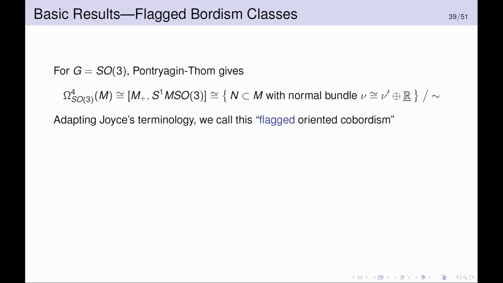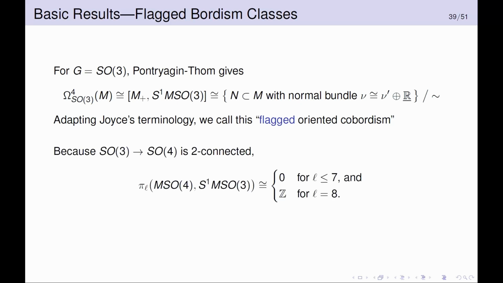So for SO3, the geometric description was we have a non-vanishing line field in the normal bundle, and for orientation reasons, I can assume I have a non-vanishing vector field. Okay? And adapting Joyce's terminology, this is called a flag, and the manifold with a flag is called a flagged manifold. The corresponding cobordism theory is then flag-oriented cobordism.